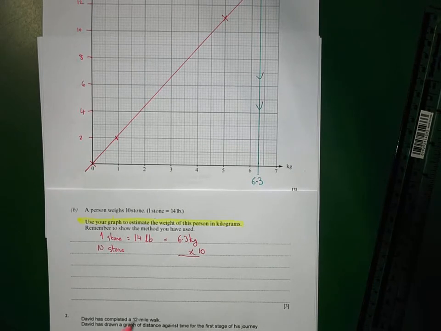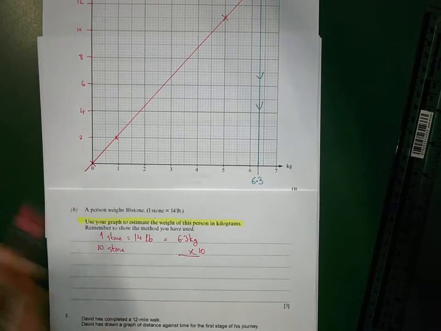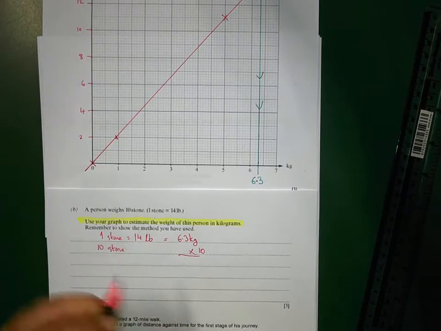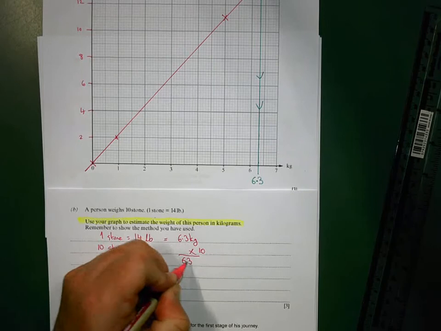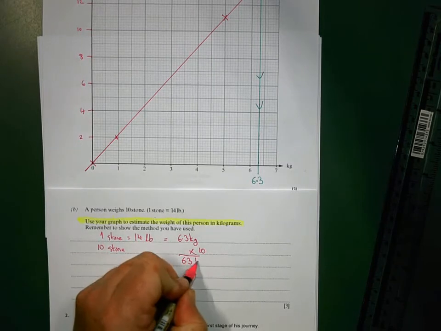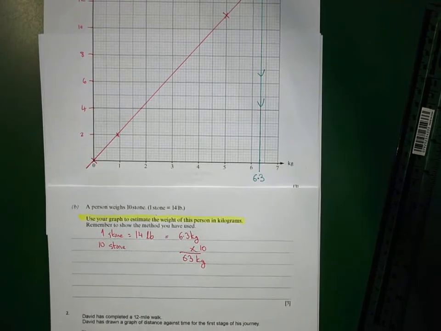And here we are in year 11 GCSE being tested on those skills. Okay, so don't just think when you're practicing you're only looking at work from September of year 11. It's all of the skills you've gained right the way from primary school. So 6.3 times 10, hopefully you're happy that that's going to be 63 kilograms.